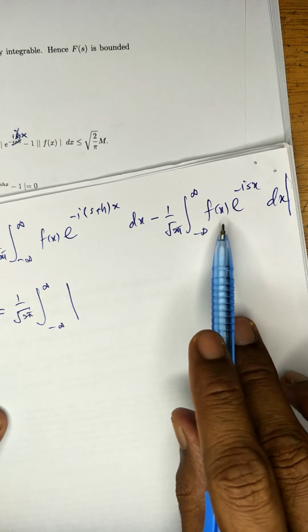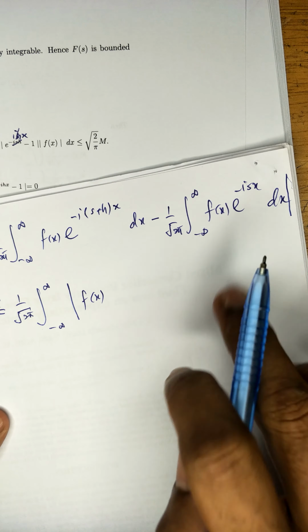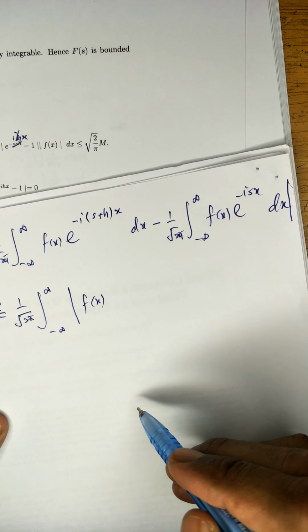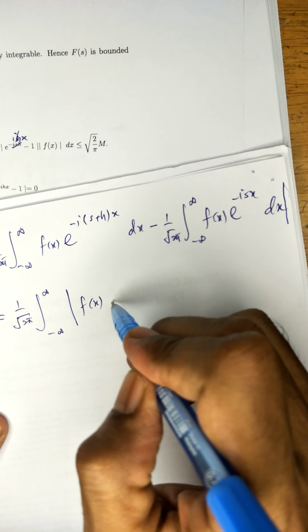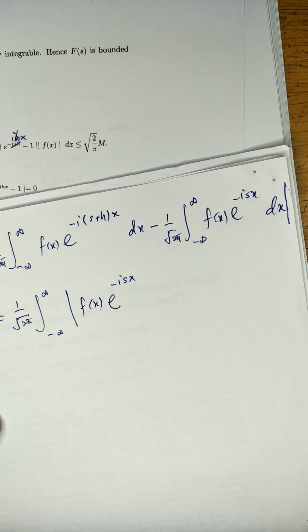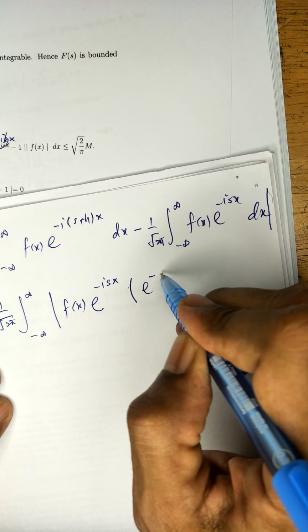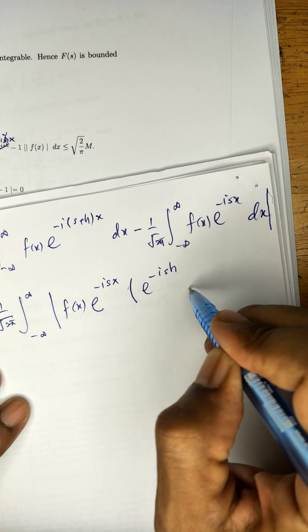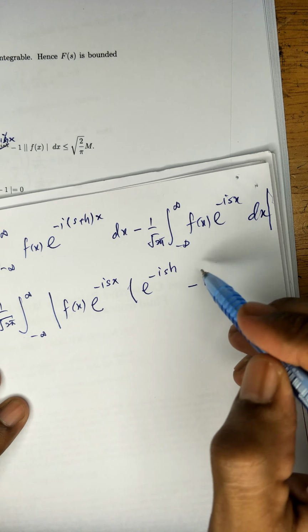So for that you can factor out f(x) and e to the minus i s x, what is left is e to the minus i s h minus 1. Is that correct? Yes, dx.